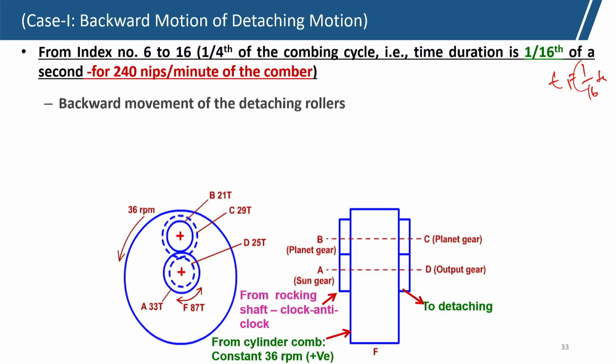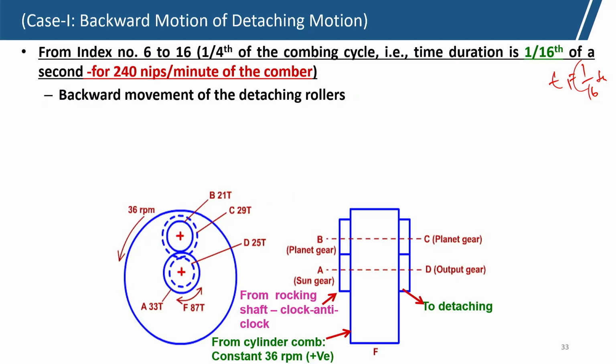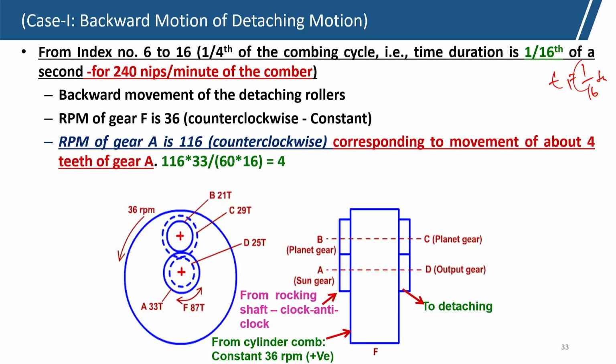Backward motion. Now, for backward movement of the detaching rollers at that time, RPM of F gear is 30, that is counterclockwise constant speed. Now, RPM of gear A is 116 counterclockwise, corresponding to the movement of about 4/10 of the gear A. So, how is it coming? 116 is the RPM and 33 was the teeth.